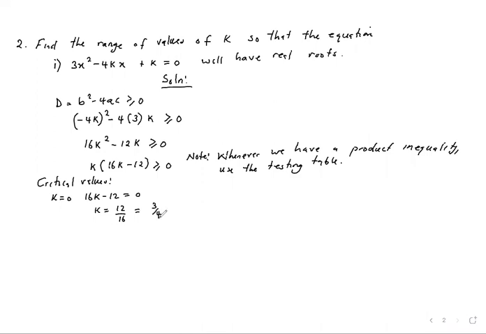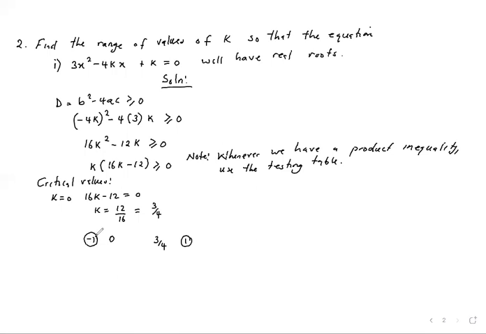So we can test. So we put 0 here. We put 3 over 4 here. A number bigger than 3 over 4 is 1. A number less than 0 is negative 1. A number in between, there's no whole number in between 3 over 4 and 0. So what we do is we add them.